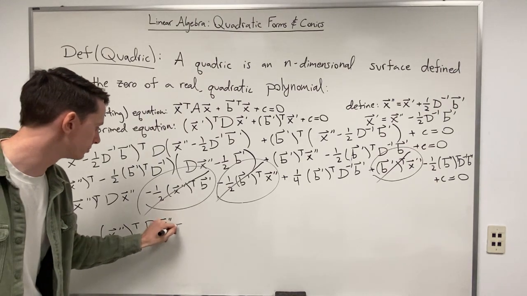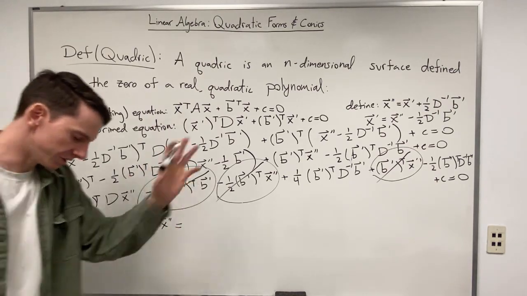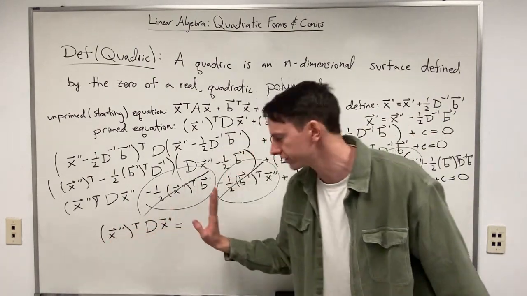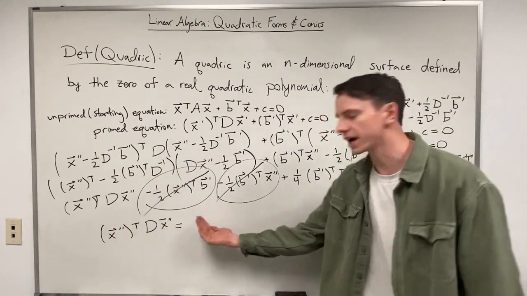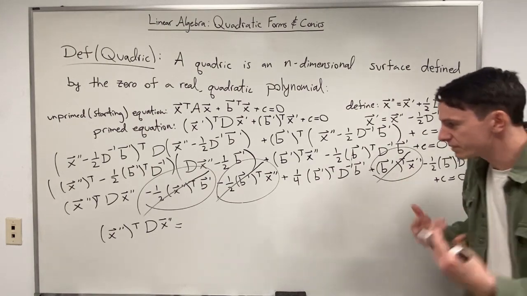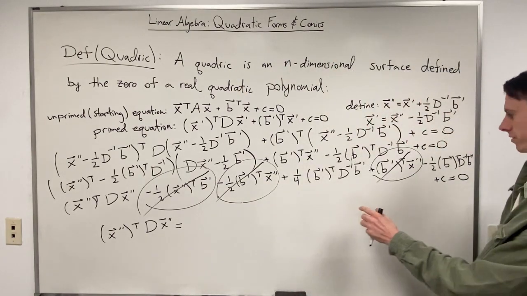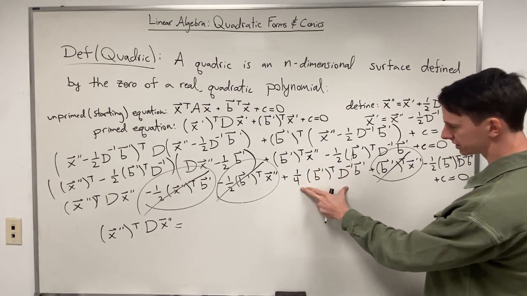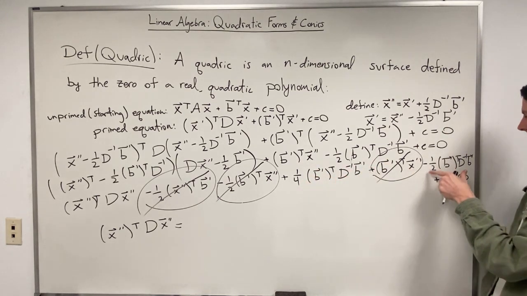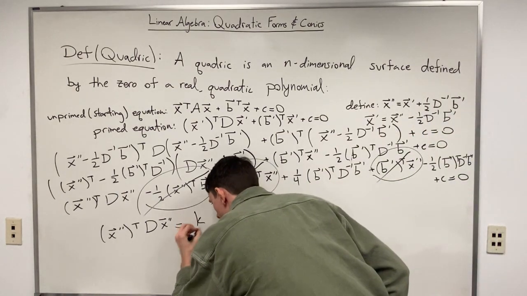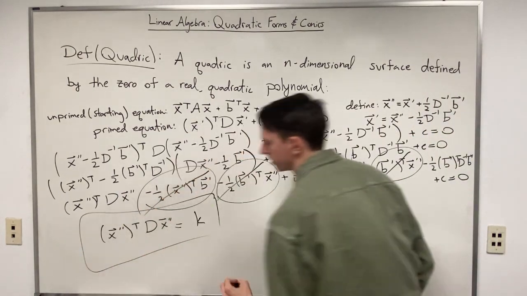So I'm just going to call, and this is what Dexter does, this the left-hand side, everything that depends on x. The right-hand side will be everything that is independent of x: minus 1/4 times this plus 1/2 times this minus c. Just absorb all of that into a single constant k.